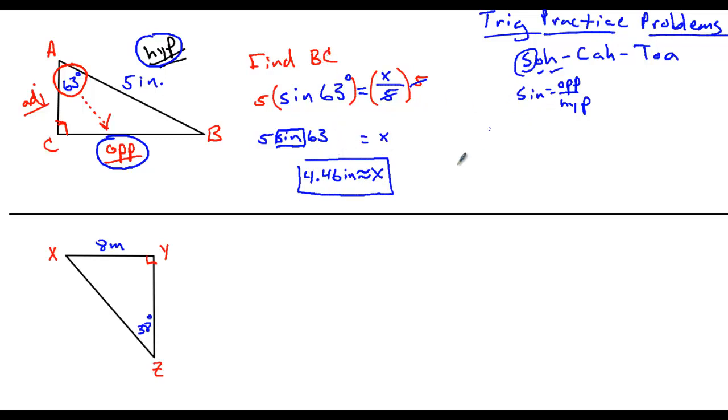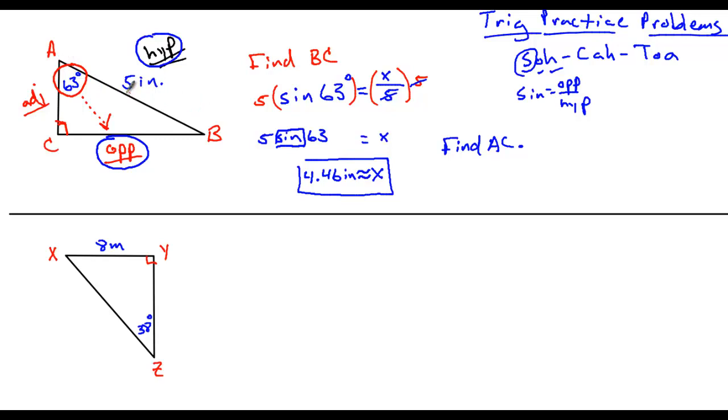So you go ahead and try to find the other side. So find AC. You want to pause it right now and then turn it back on in just a second. So to find AC, that means you want to find the adjacent side. Now, the adjacent is the one you don't know, so we'll call it y, because we already used x.